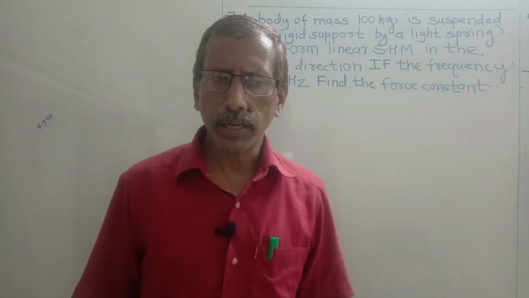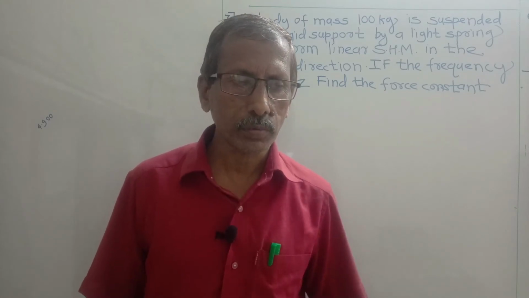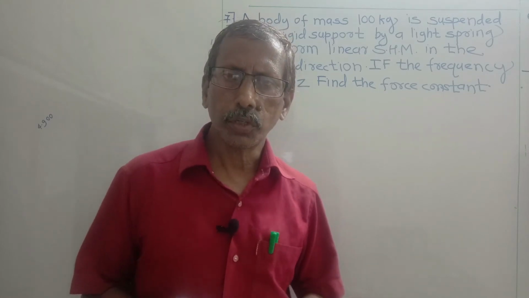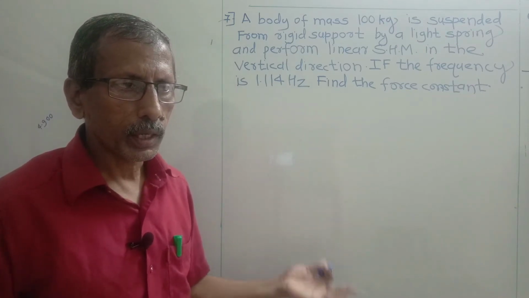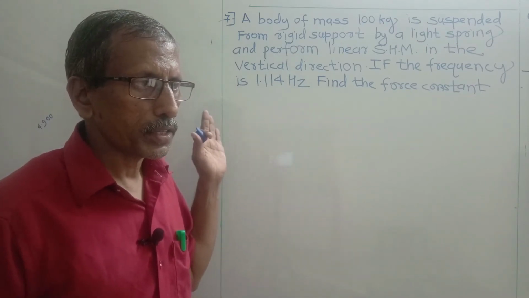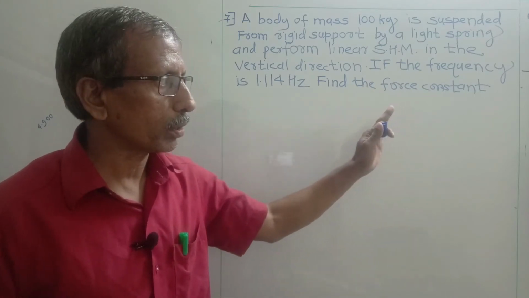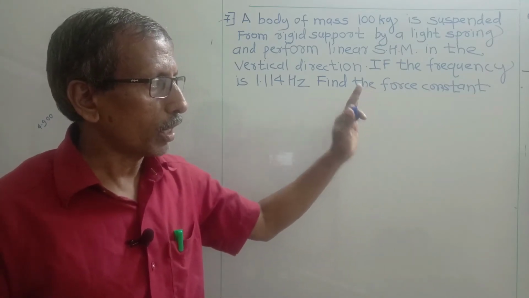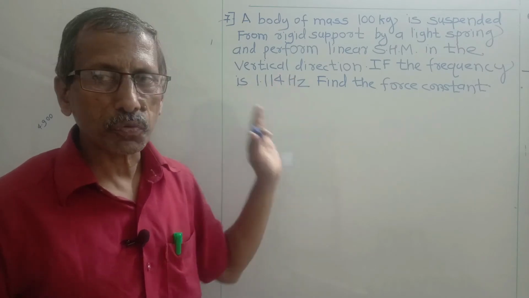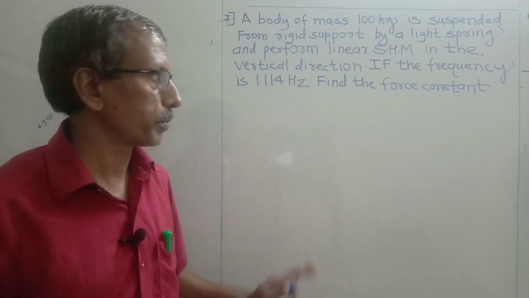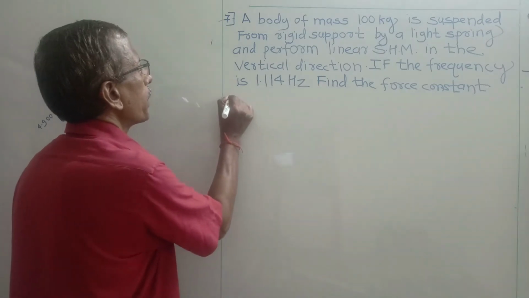Now here again we have to find the force constant. So dear students, again we read this problem carefully and write data step by step in symbols. Also we have to check all the data in one system of units. So step number 1, data.